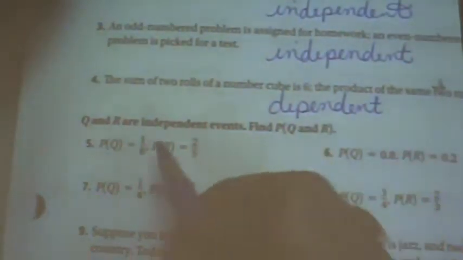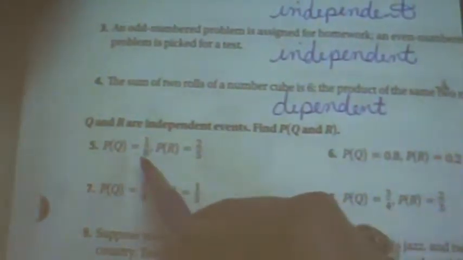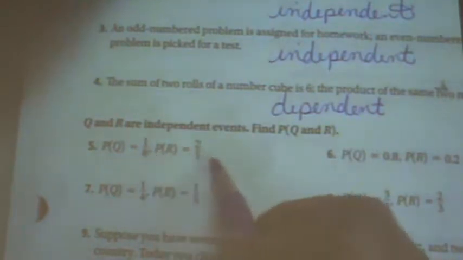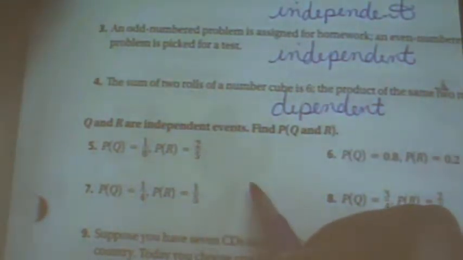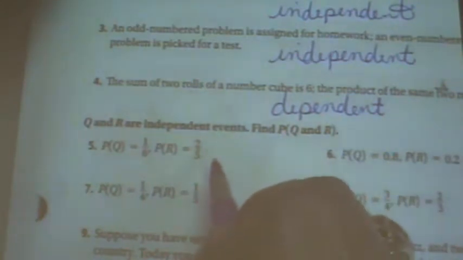Now, if two events are independent, do you remember what you do with these two? They're not mutually exclusive, they're not inclusive, they are independent, you multiply the two. So what is 1/8 times 2/5? What do you get?